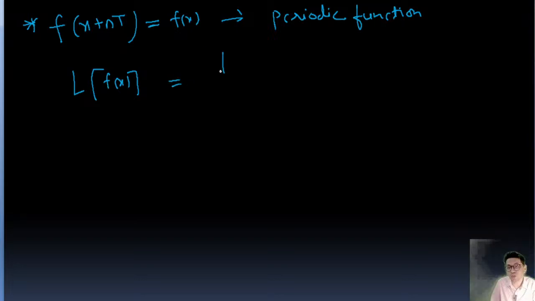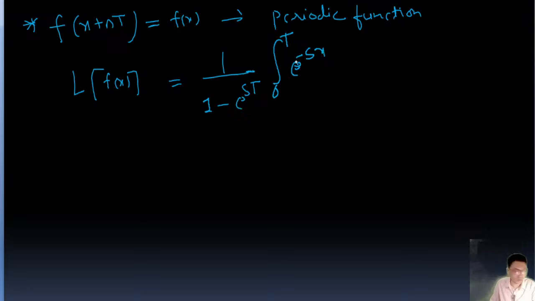That value is going to be 1 upon 1 minus e to the power minus sT, and then integration 0 to T e to the power minus sx f(x) dx.